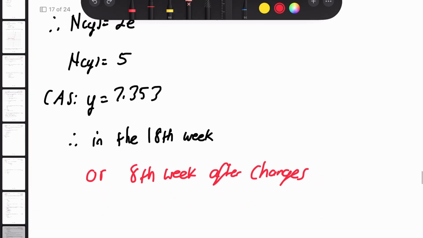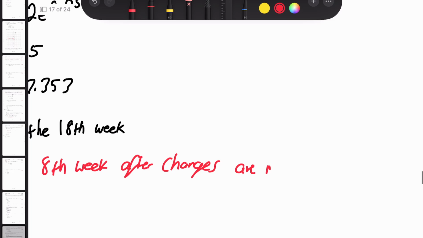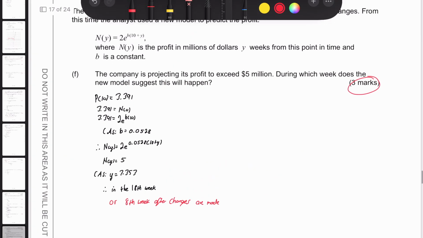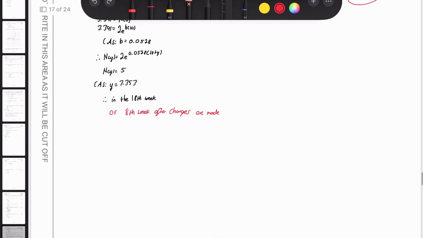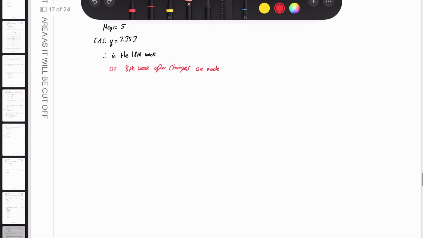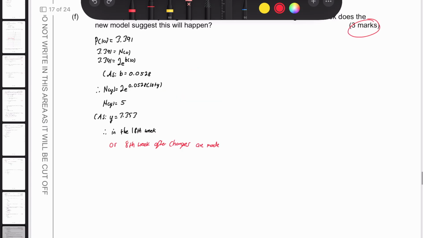For this one, you could have said the 8th week after the changes are made, which is the same thing as the 18th week, because it's 10 weeks after. So I gave myself the mark, because the mark there I think just identifies the correct time, not necessarily that it's in the 8th week. What question is this?